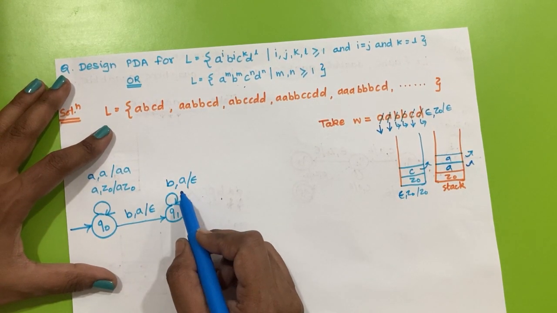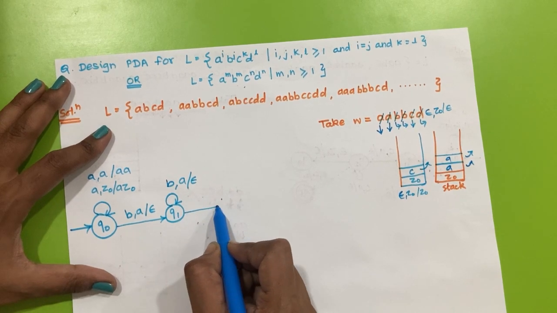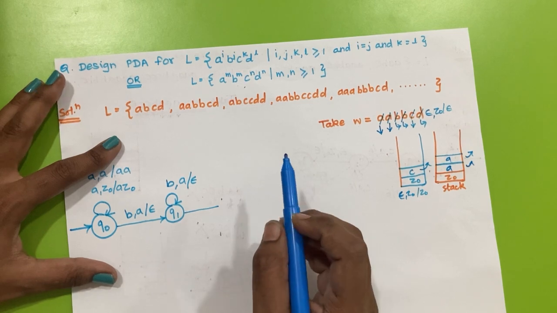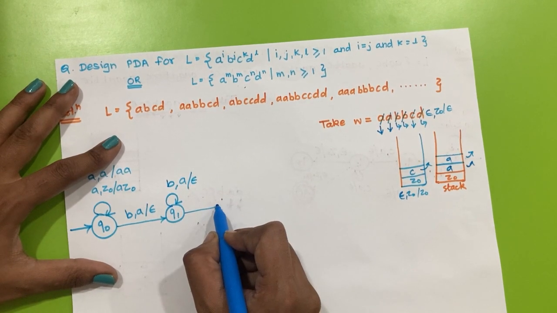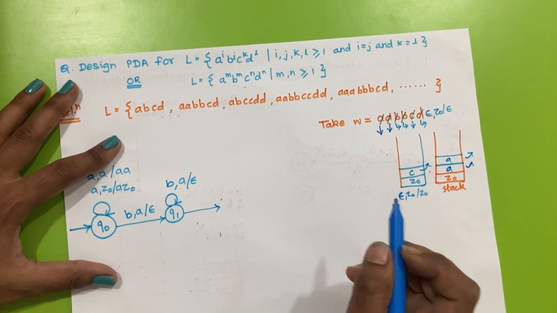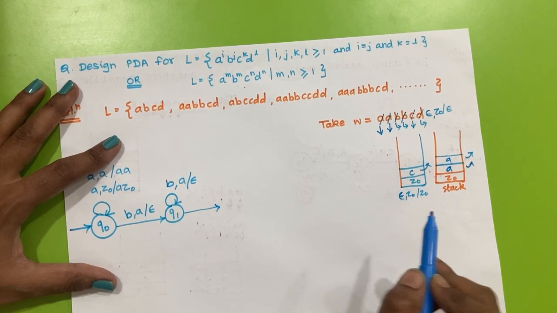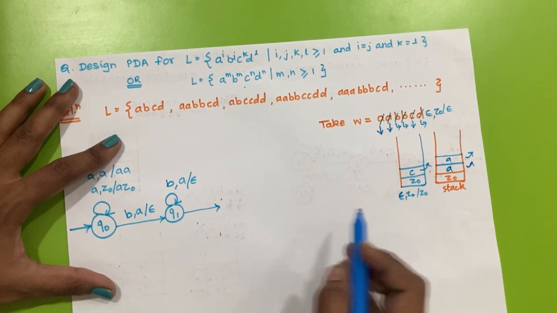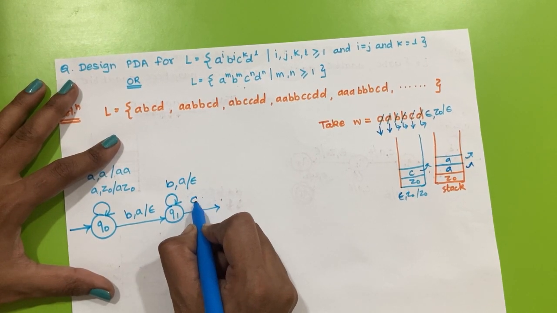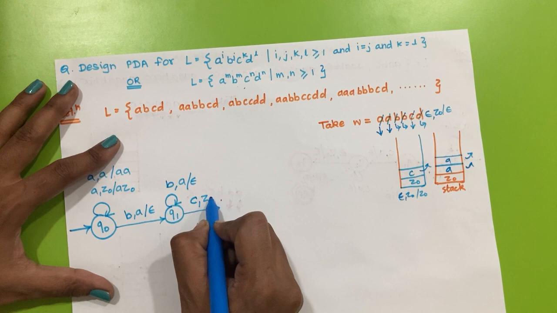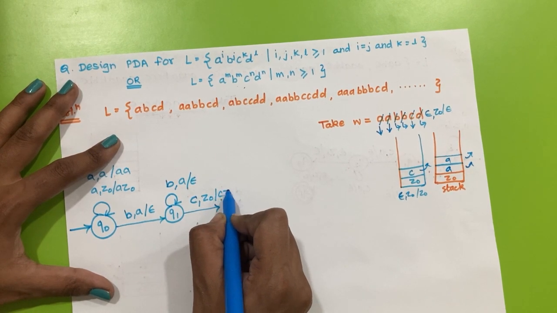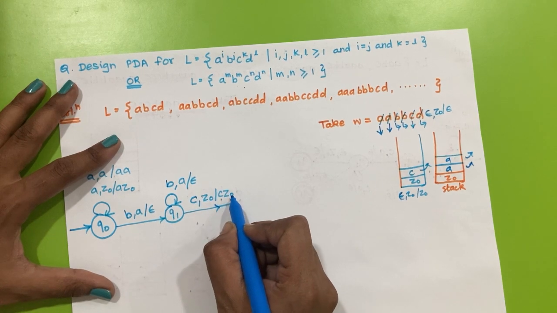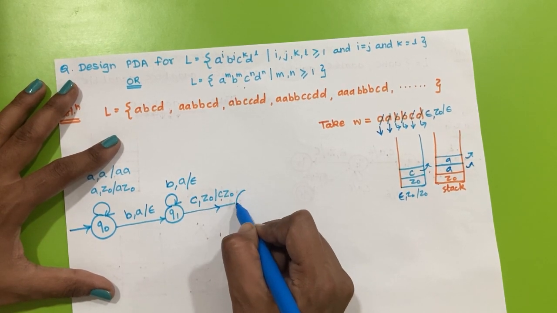Suppose we have finished with all B's, then next input symbol can be C. For all C's we have to perform push operation again if our stack is Z0 only. So if we are reading input symbol C and top of stack is Z0, then we will perform push operation, that is C Z0 C Z0.